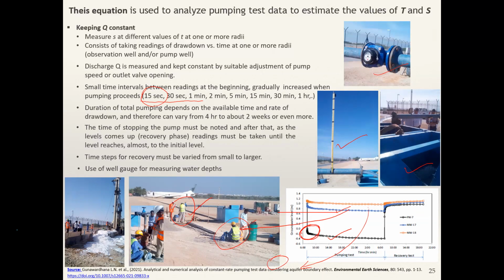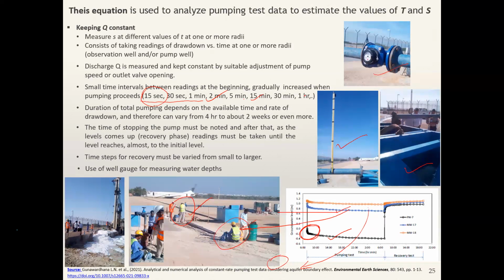But as the time passes, we increase that time interval to 2 minutes, 5 minutes, 15 minutes, 1 hour, like that. The reason is the drawdown becomes smaller as the time passes. Therefore, it is okay to increase the time interval of the measurement.